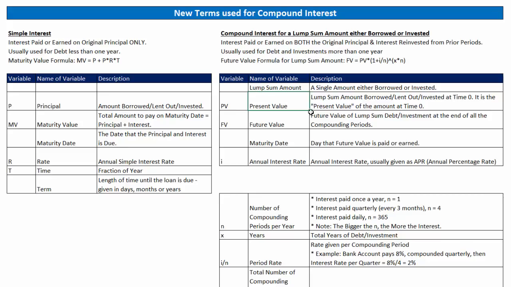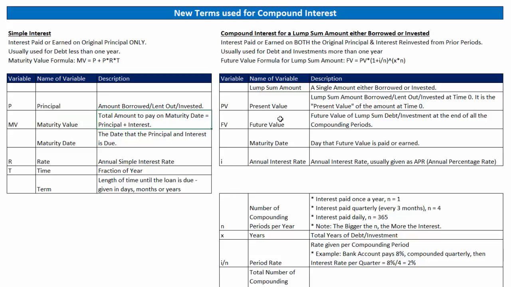And present value will be the lump sum amount borrowed, lent out, or invested at time zero. Now, at time zero, that just means the moment you borrow the money or the moment you put the money in the savings account. Present value. It is the present value of the amount at time zero. Now, maturity value, MV, maturity value, that was the total for principal and interest.